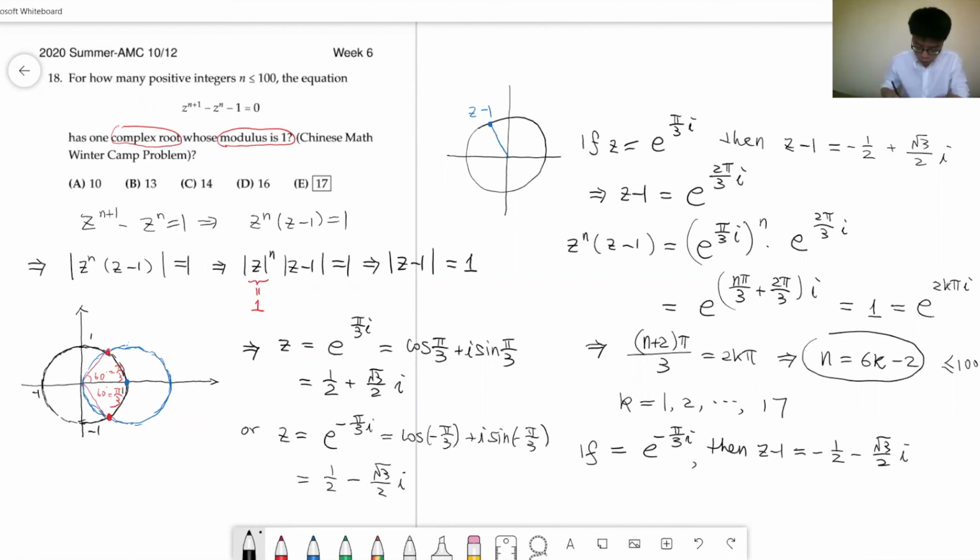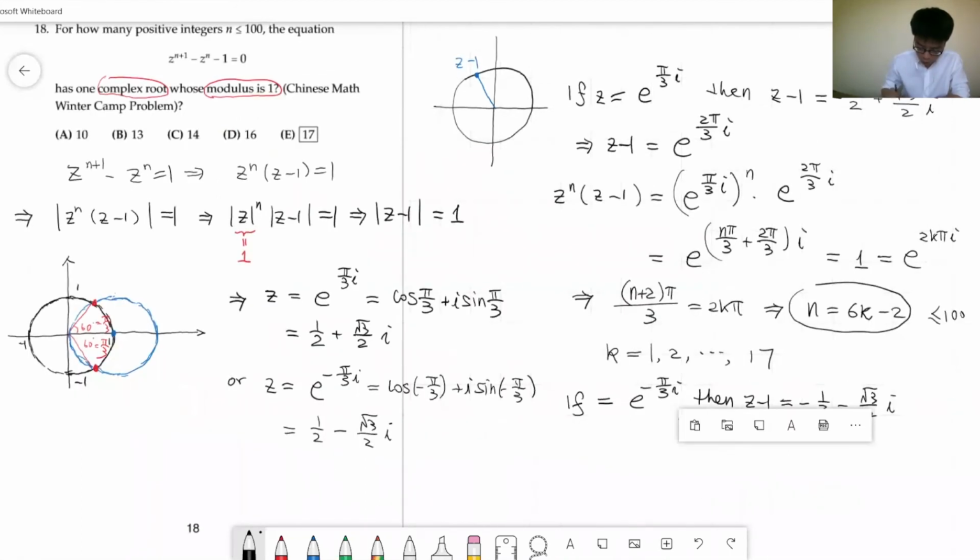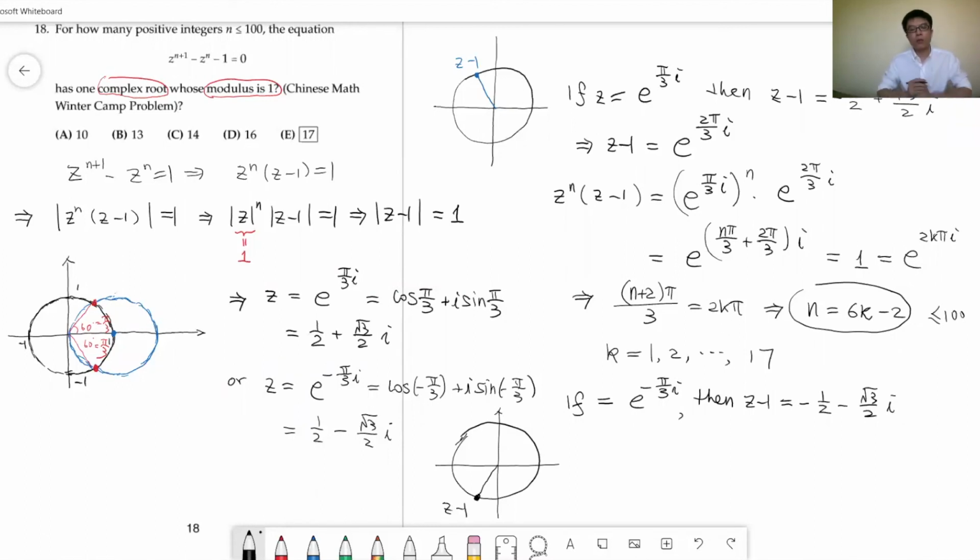So this corresponds to a different point. Let me draw here. This corresponds to a point here. And this angle corresponds to negative 2 pi over 3, or 4 pi over 3.